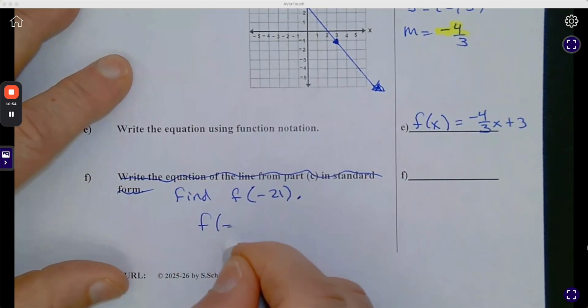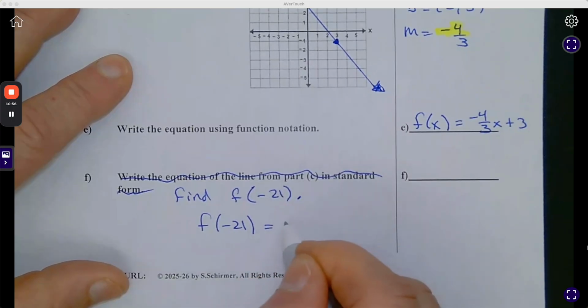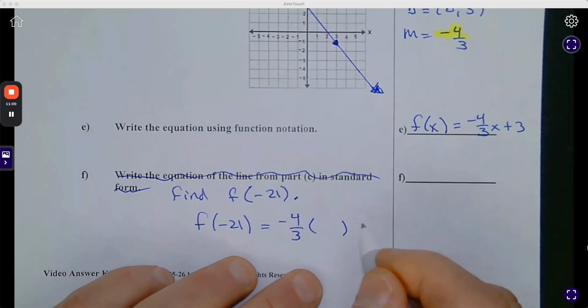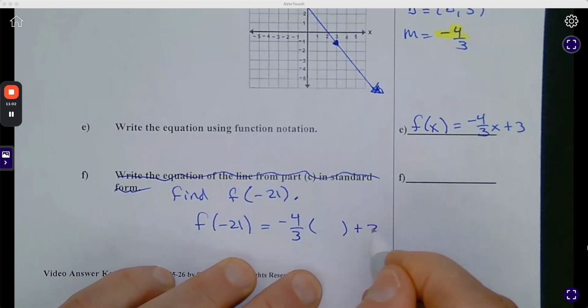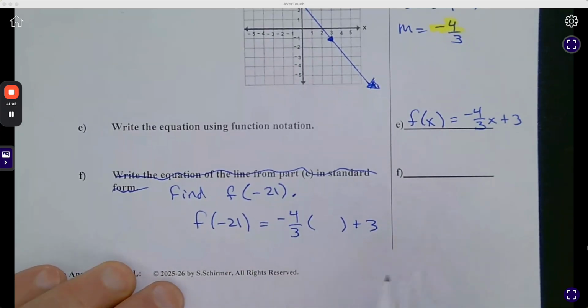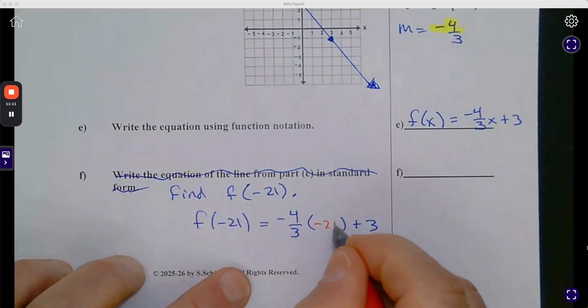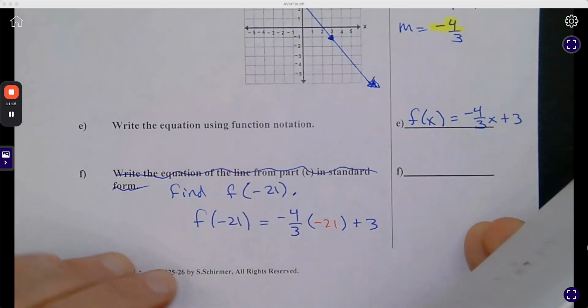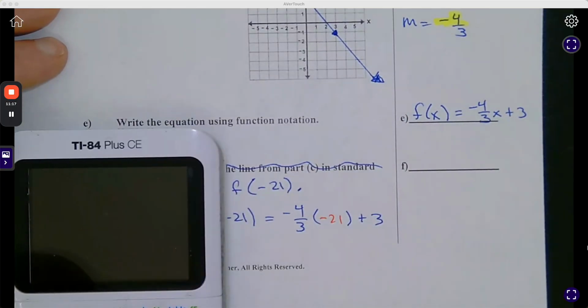So f of negative 21 is equal to negative 4/3. That's where my negative 21 is going to go, into the rule. The rule is how I change the input to the output value. So I'm going to put a negative 21 right there. Multiply by the top, divide by the bottom. I'm going to go ahead and use my calculator on that one.